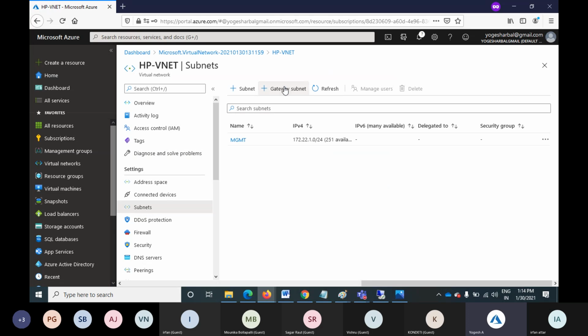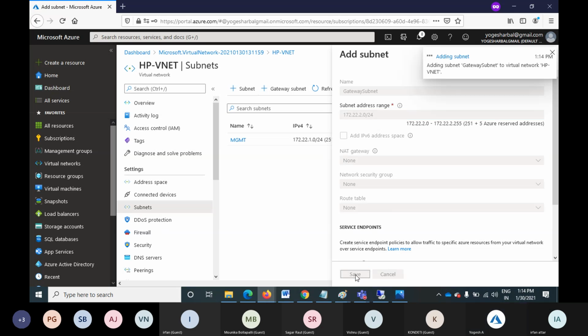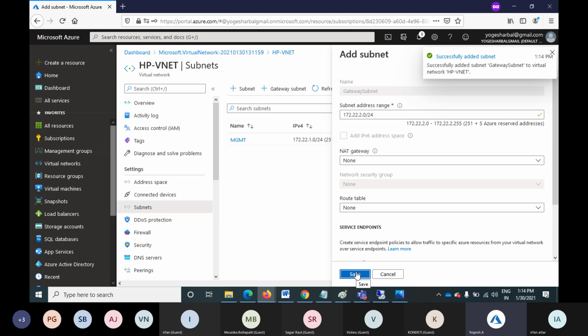Then under subnet, gateway subnet, deploy the gateway subnet, which is 2.0, and deploy the one more gateway.